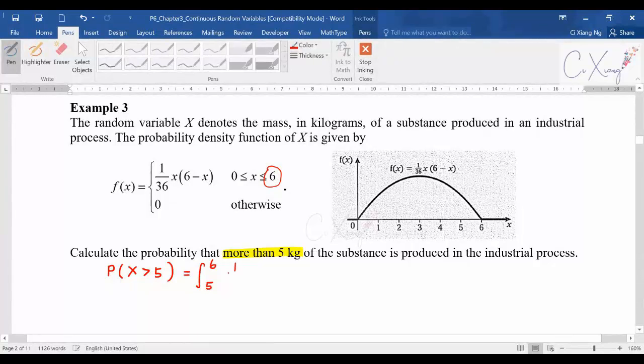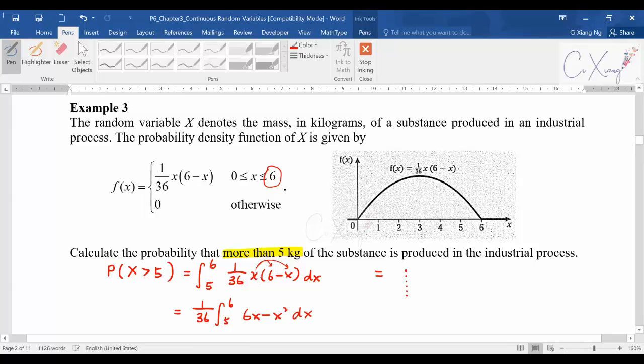After that, you need to integrate 1 over 36 x times 6 minus x dx. 1 over 36 is a constant, therefore I will take it out first before I do any integration. For x multiplied with 6 minus x, you have to multiply the x into the bracket first, which becomes 6x minus x squared. Then only you start your integration.